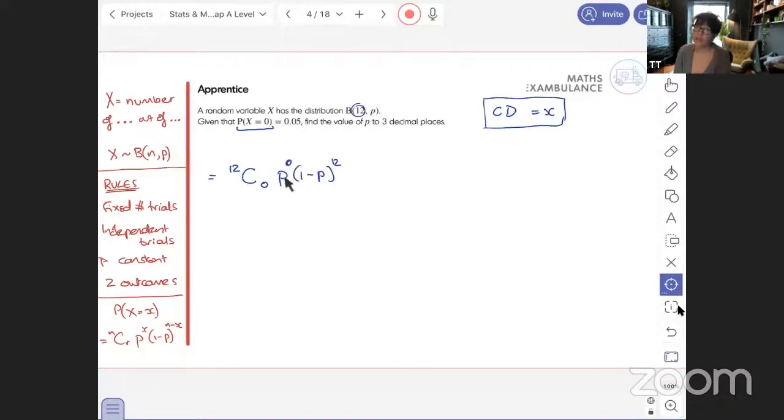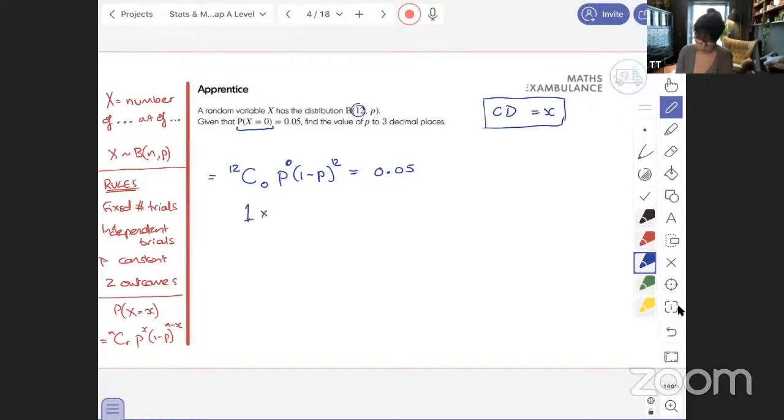I don't know what that is. I'm just going to call it P. And then the power is the number of successes. So this is success chance, number of successes, none. Failure chance, number of failures, 12 out of 12. That's what your calculator does. But in our case, we know the answer. So you put 12 choose naught in your calculator. It will come out as 1. Anything to the naught is 1.